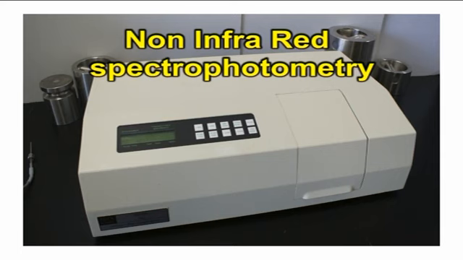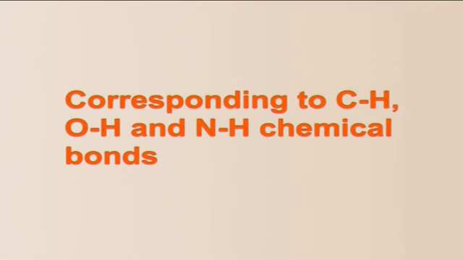Near-infrared spectrophotometry is of particular usefulness for food analysis because the spectra of organic samples comprise broad bands arising from overlapping absorption peaks corresponding to CH, OH and NH chemical bonds. The main advantage of NIR spectrophotometry in routine food analysis is simplicity and speed.